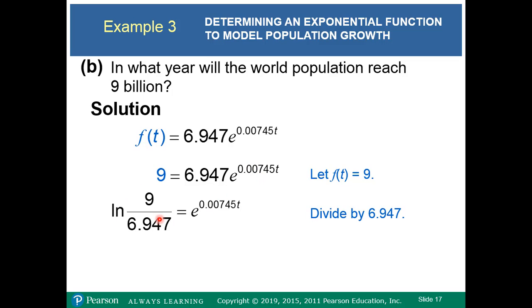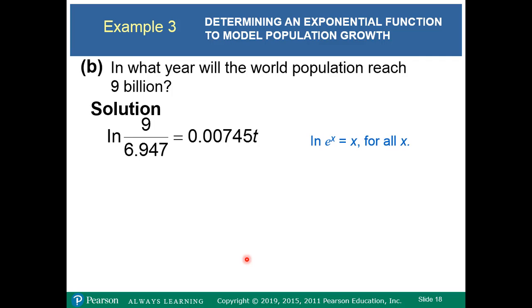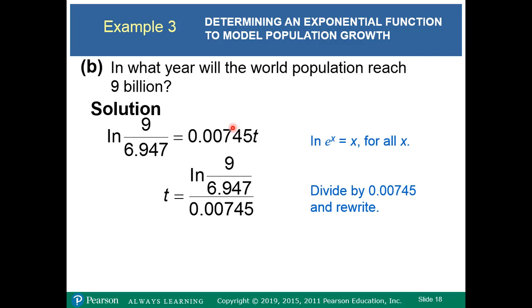Then we're going to divide both sides by the coefficient here to get this. Stick this in our calculator, and we get 34.8 years.